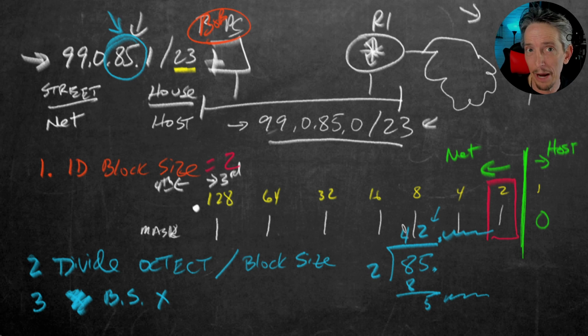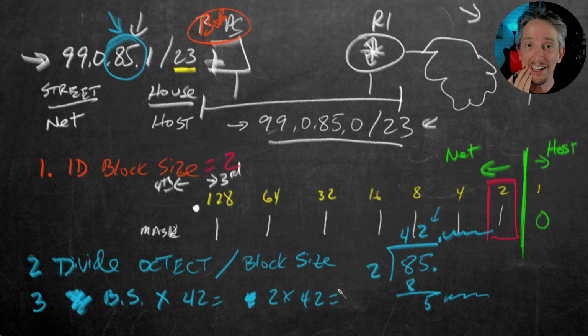So basically 42. How many times did the block size go into that number? 42 times. We're going to take the block size times 42. The block size is 2, times 42 equals, and let's do the long math on that. I'll do it right here. So 2 times 42, 2 times 2 is 4.